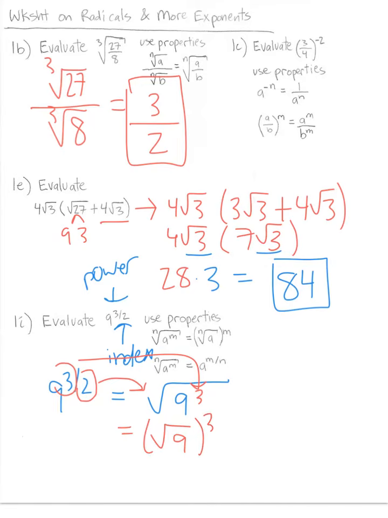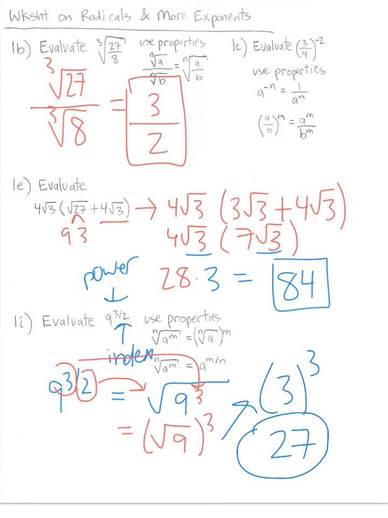And so right now I'm showing you this property. It makes no difference if the power or the root is evaluated first. What's nice about this is that now the square root of 9 is 3, so I've dealt with the root, and now 3 to the 3rd power winds us up at 27. So again, it doesn't matter if you evaluate the root or the power first, whatever's more efficient for you to evaluate first.